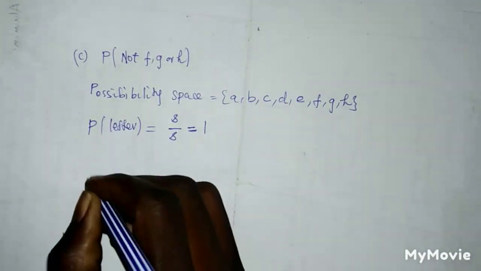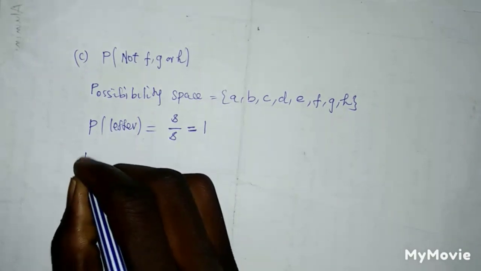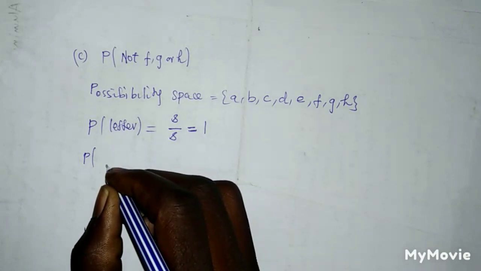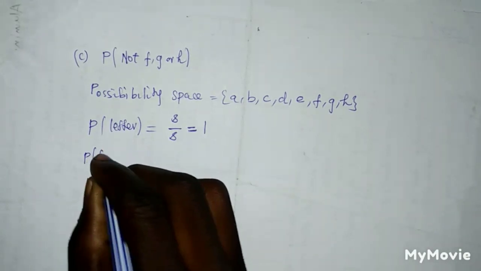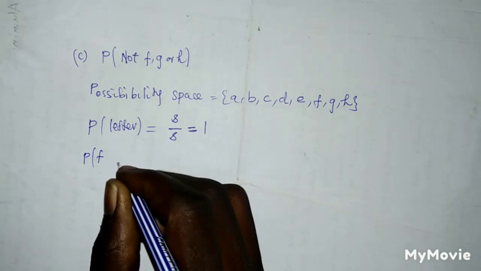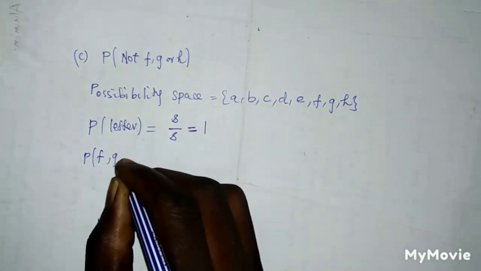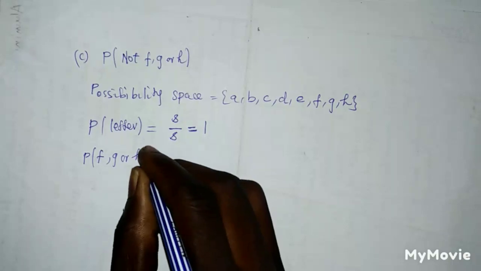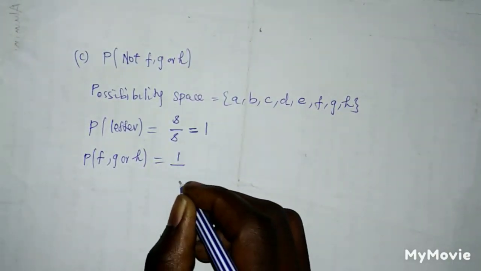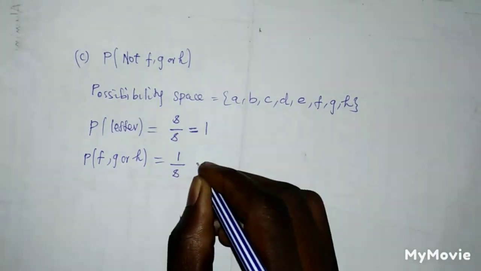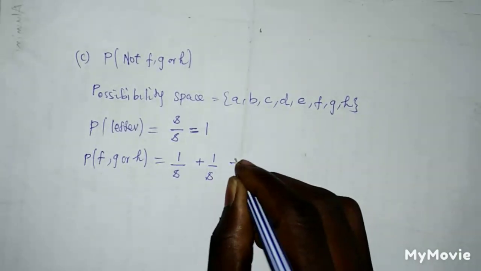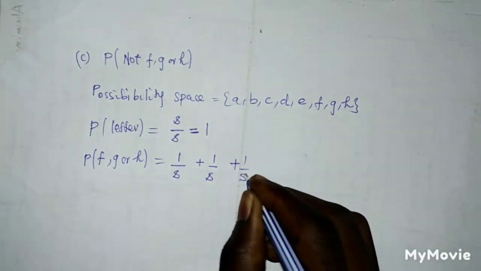So from there we calculate the probability of picking F, G, or H. This would be 1 over 8 plus 1 over 8 plus 1 over 8.